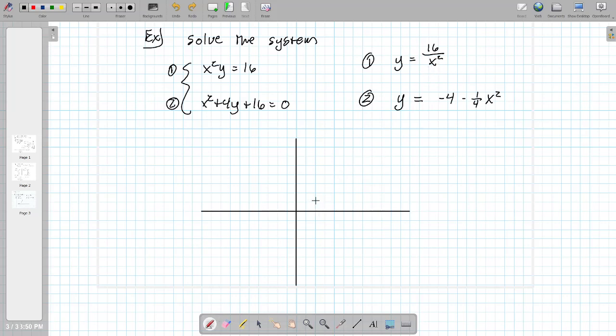We would have 4. Plug in 4 for x, and we get 1. That will be the same on the other side. Something like this. Both of these together create the graph y is equal to 16 divided by x squared.